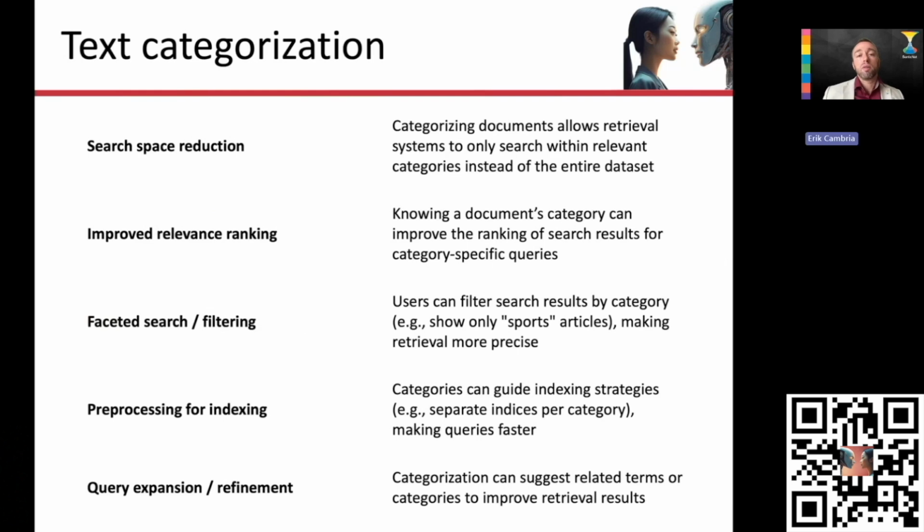So text categorization can be useful for many different reasons. For example, if I have a query "apple", and I have different categories for this apple, like tech versus fruit, I can then reduce the search space and only look for the query in the documents that are supposedly about tech or fruits, depending on the context of the user query search.